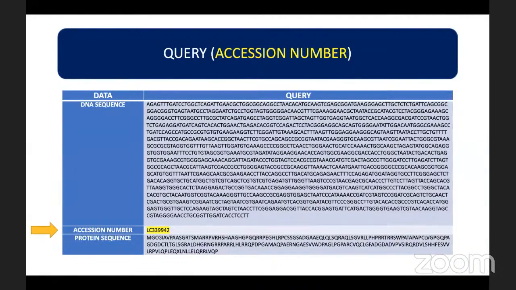So if the sequence is reported in GenBank, you can use the accession number in the DNA Data Bank of Japan or in EMBL. So they are unified, and the accession number harmonizes the record of all the DNA sequence reported.